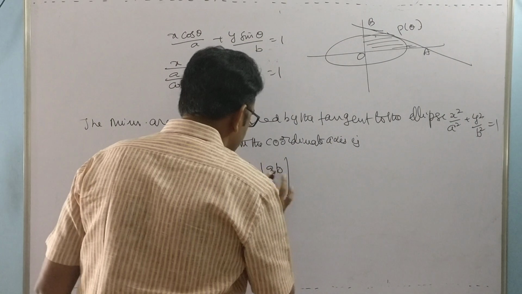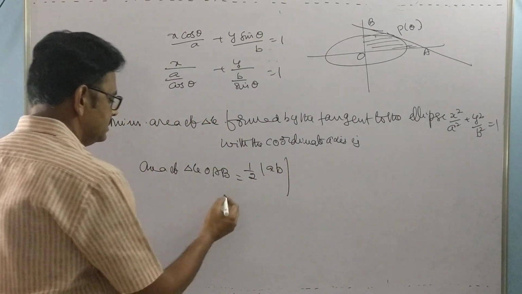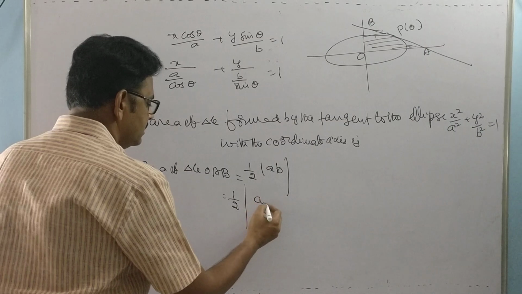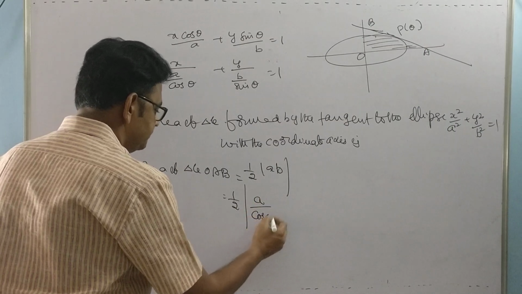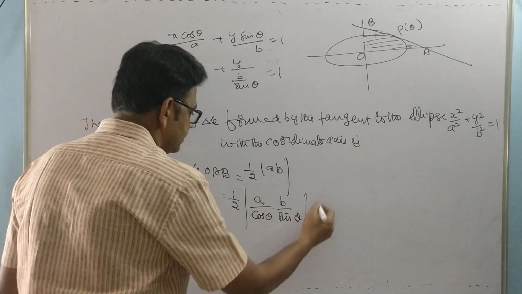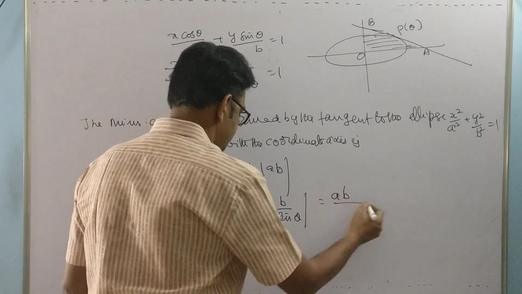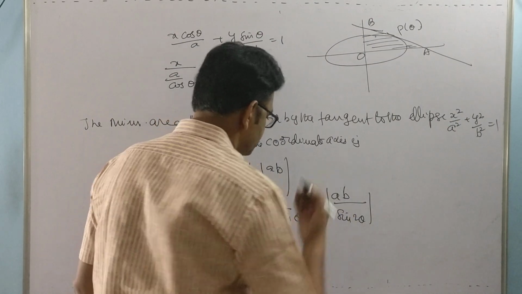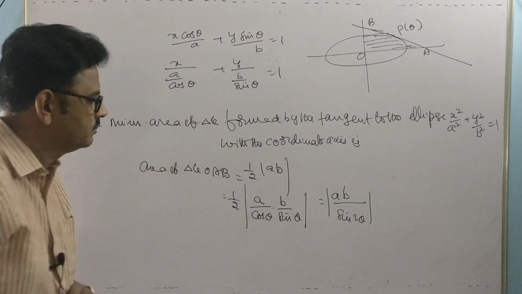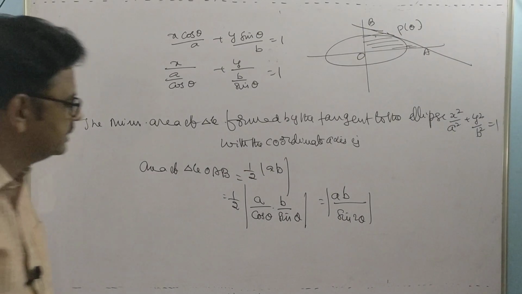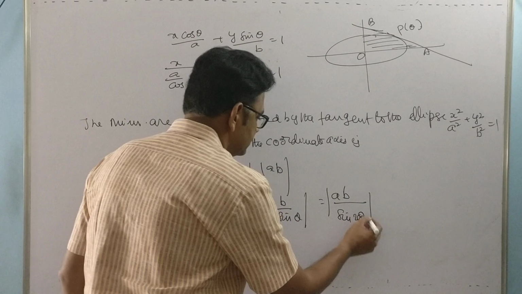That equals half into a by cos theta into b by sin theta, which equals ab by sin 2 theta, both a and b being positive.